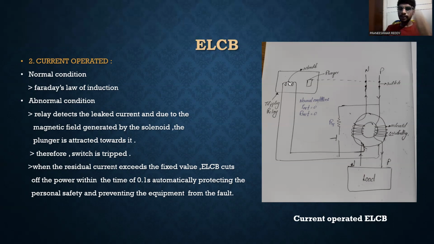So basically here also from Faraday's law of induction, there will be some magnetic field generated, and it attracts the plunger towards it. Plunger is basically a metal. So the metal is attracted towards this magnetic field. So thus the tripping of the switch happens. You see this dotted line connecting the plunger and the switch. So by the help of the plunger, tripping happens and the switch is off.